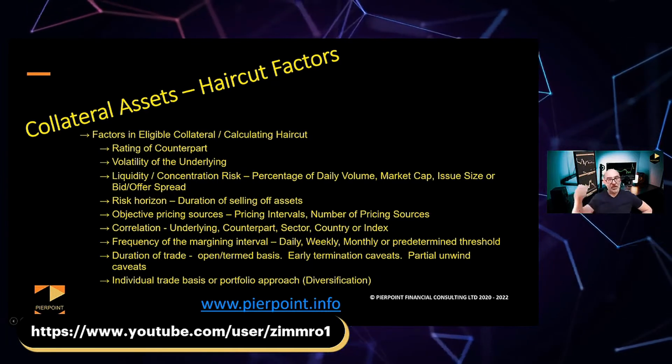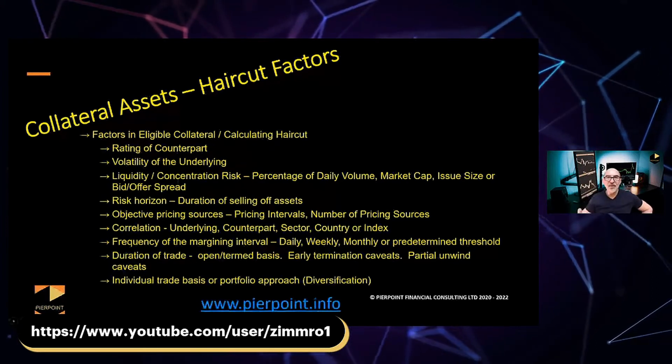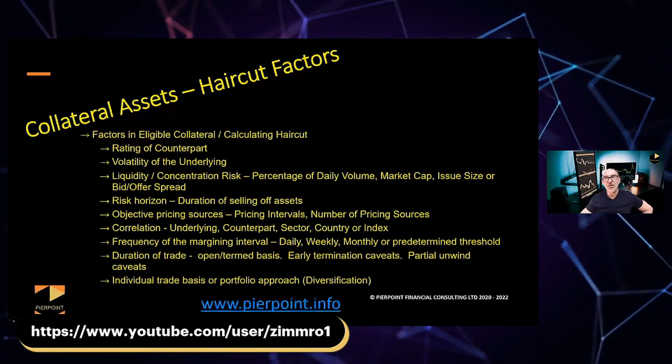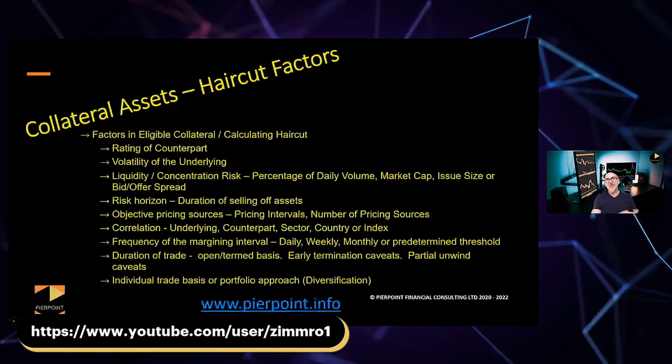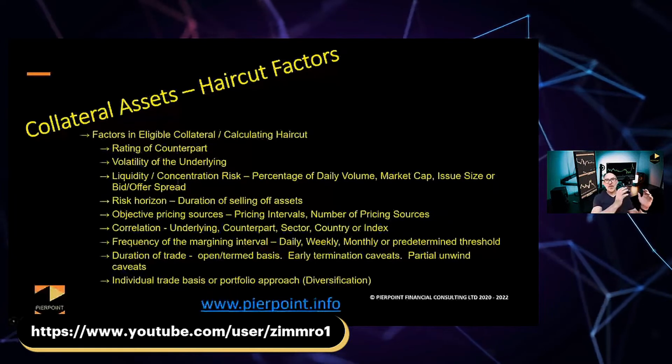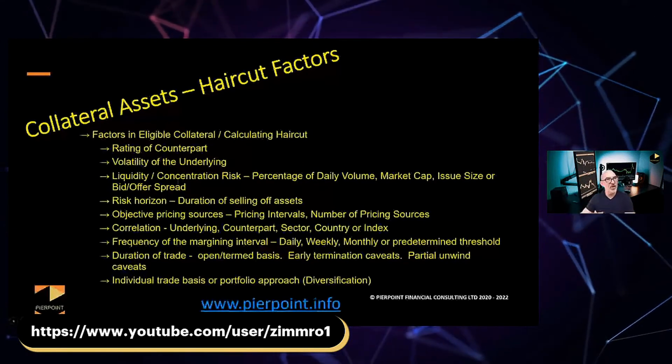You want to look at the volatility of the asset that you're holding as collateral, of course. You want it to have some stability of collateral. Again, all of this is trade-offs. You can decide on any of these factors to be conservative, or you can be more aggressive, or of course, somewhere in between.